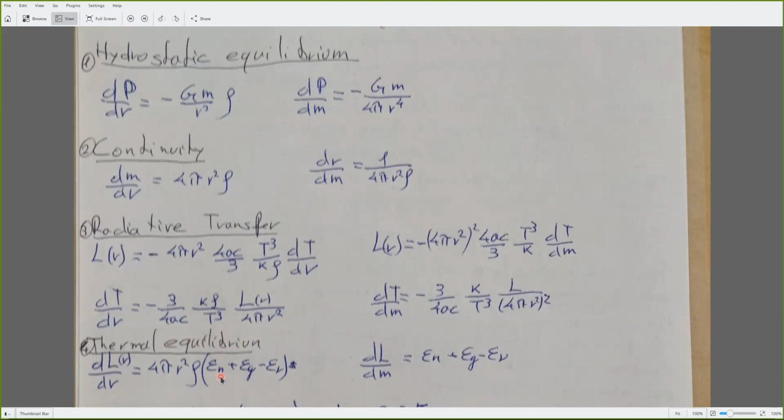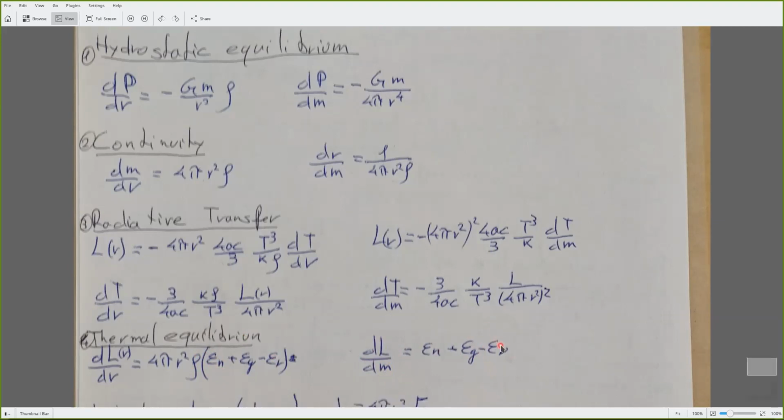Since the energy is lost immediately, it's just considered inside here. In Lagrangian notation it's actually quite more simple: the variation by the mass is the sum of the energy rates.